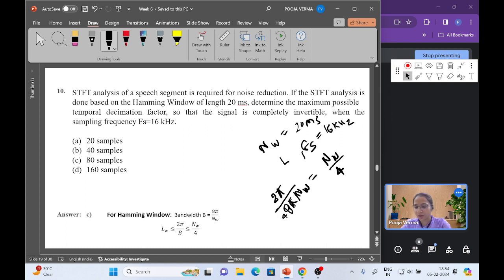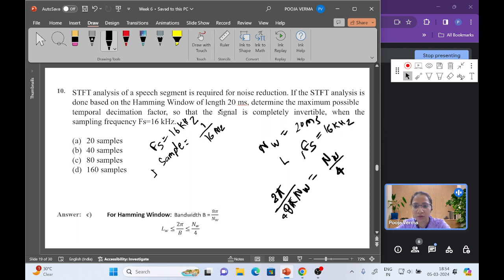Now, how can we solve this question? Fs is 16 kilohertz. For one sample, what will it be? It is 1 by 16 kilohertz, right?